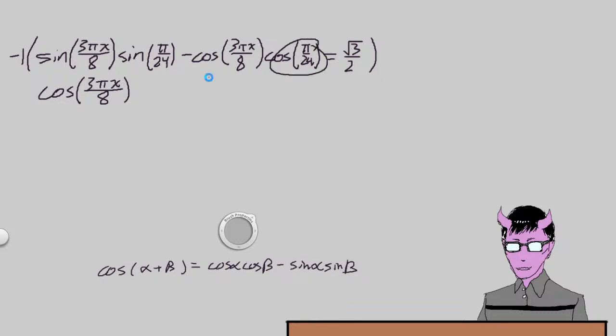Close parenthetical, and then that one cosine of pi over 24. And then again, negative to this one, we flip the sign from positive to negative, thereby getting minus sine of 3 pi x over 8, and then times sine of pi over 24.